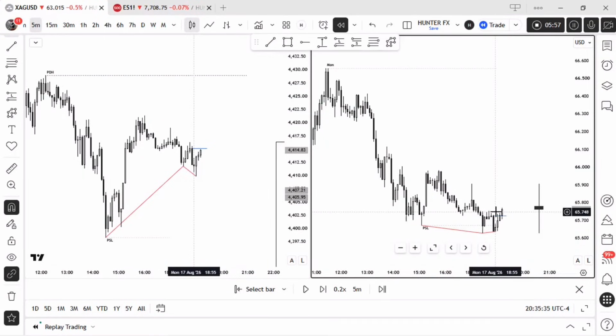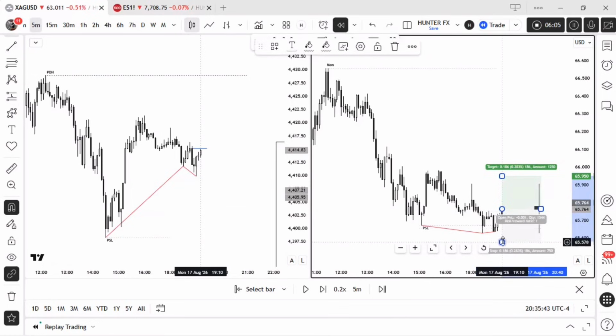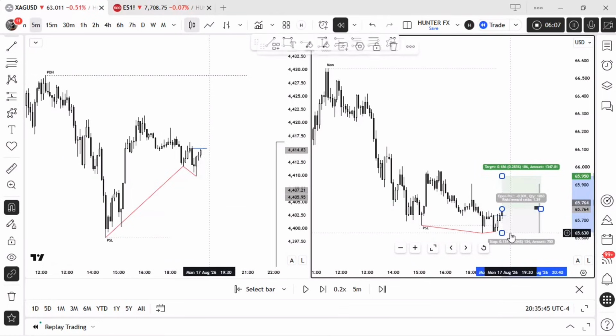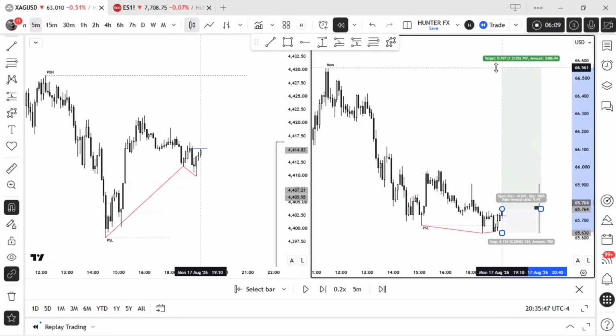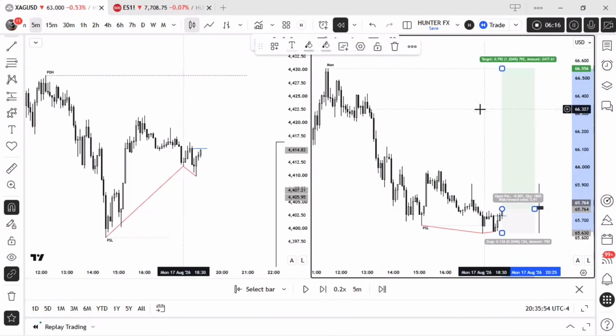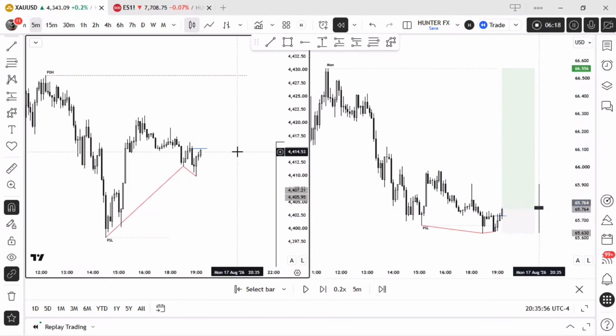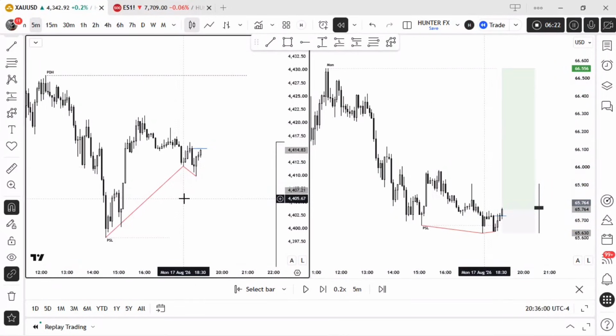We are going to put our long position on silver because it has already confirmed the direction. Our entry right there, stop loss at the lows. Gold has not yet confirmed, but when it confirms we are going to apply the same scenario.